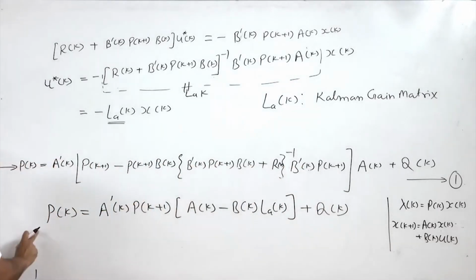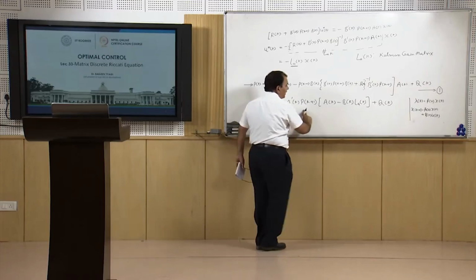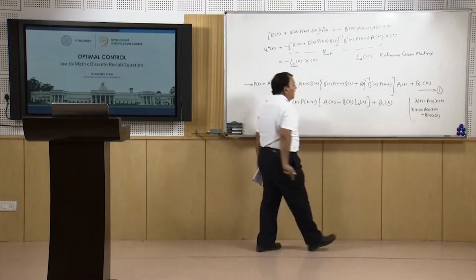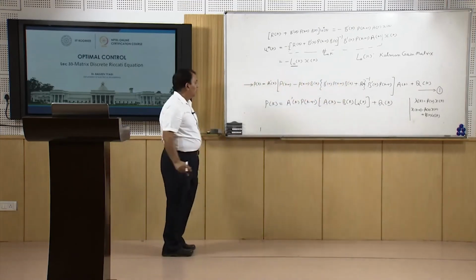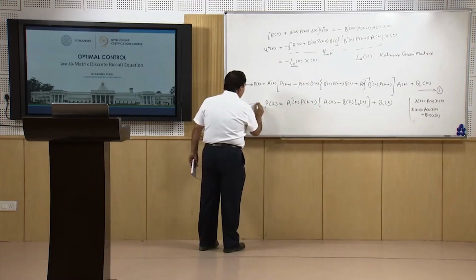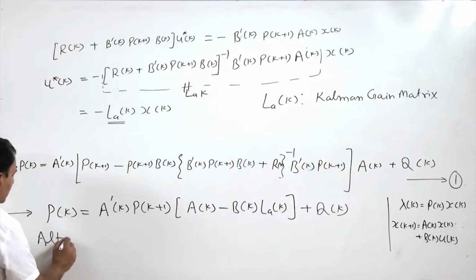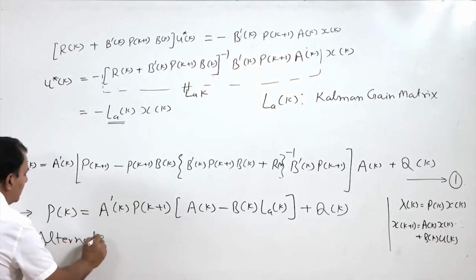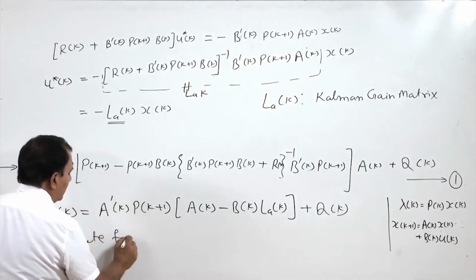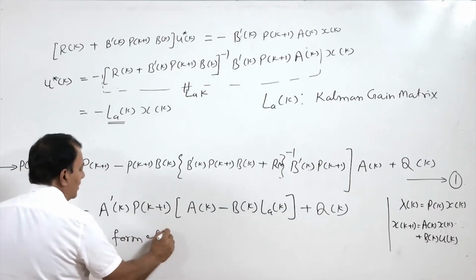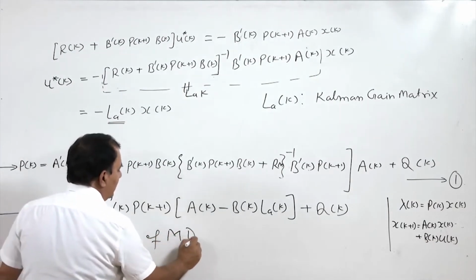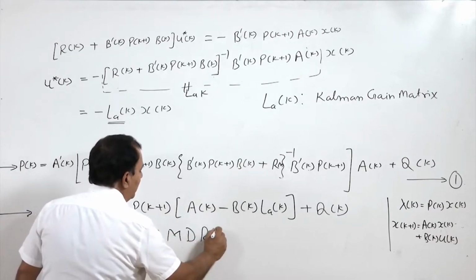So, this P_k can alternatively be written in the form of L_a by this equation. So, this will be my alternate form of the matrix difference Riccati equation.